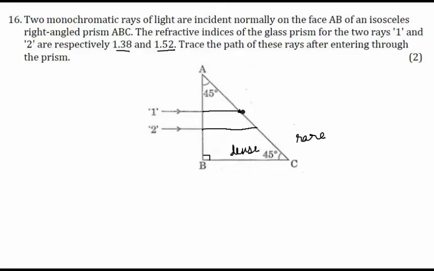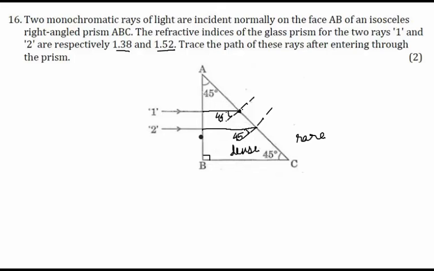So what we do is we first draw the normal, and when we draw the normal, things start to get even clearer. I have drawn the normal for both the rays, and I figure out that the angle of incidence is 45 for both the cases. So incidence is 45 degrees for both.